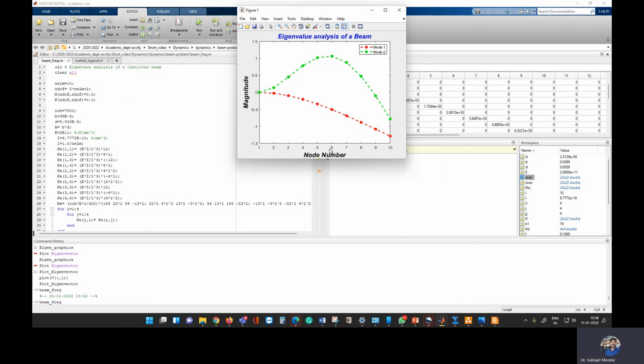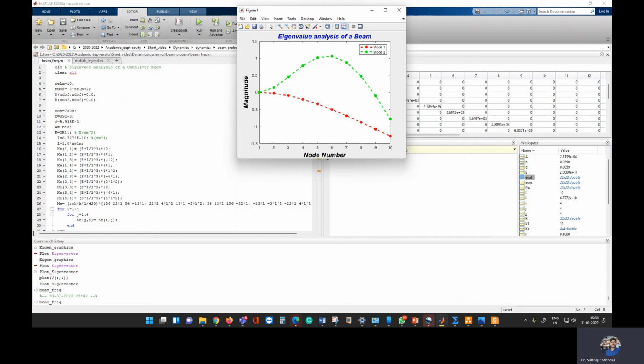Initially we discussed how to solve our dynamic equation of motion. If you want to solve for eigenvalue analysis, we first have to consider free vibration and neglect the damping terms. Then we have the equation corresponding to free vibration, and we assume a solution phi sin omega t, and we get the equation (K minus omega square M) phi equals 0.